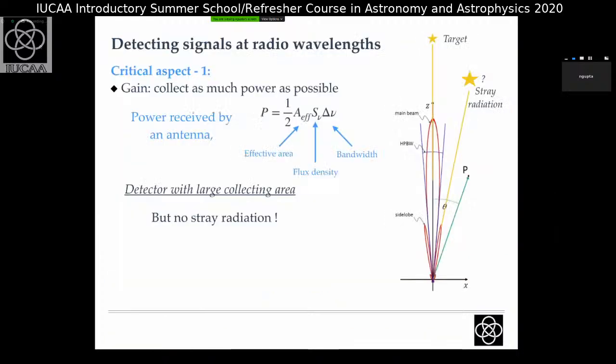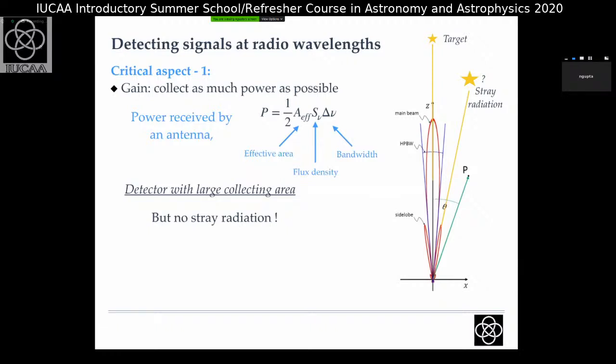So starting with the first slide here, just a quick recap of what we did the day before: the quality of a detection experiment using an aperture or a dipole crucially depends on two properties. One is the gain of the detector, because that determines how much power it will be able to collect. And this is the expression that encapsulates that, S nu being the flux density, delta nu being the bandwidth over which I am collecting the signal, and A effective being the effective area of that aperture.